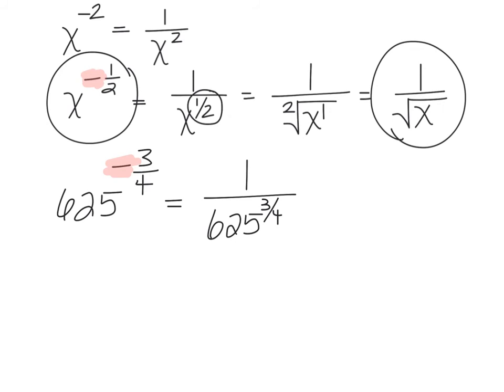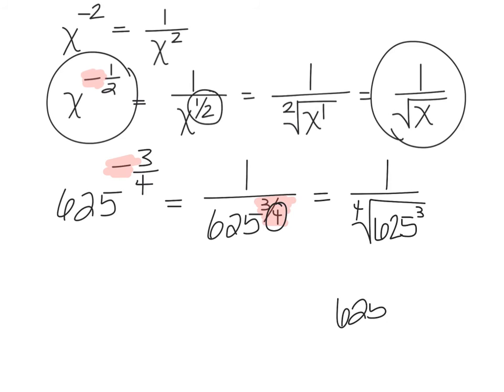Then we see that we have a fractional exponent, and the fractional exponent causes the denominator to turn into a radical. So the denominator of this fraction is a 4, so that means we have an index of 4, and that would be 625 to the third power. Well, once again, there's no way that I'm going to compute 625 to the third power easily without a calculator.